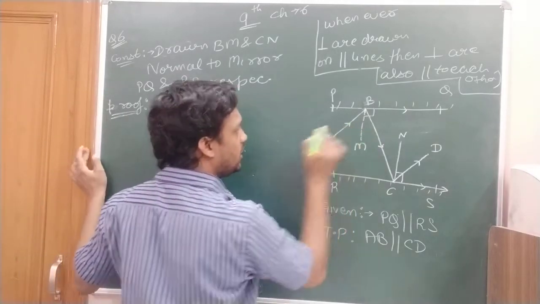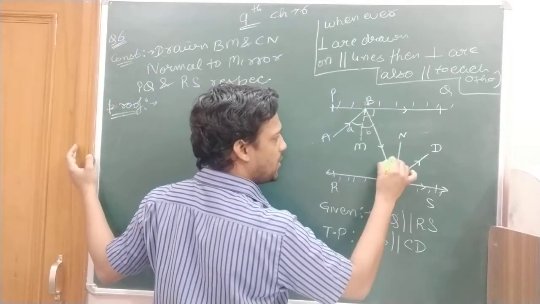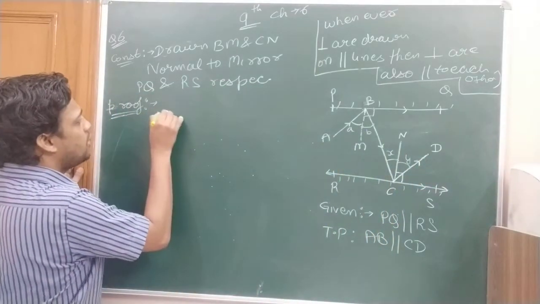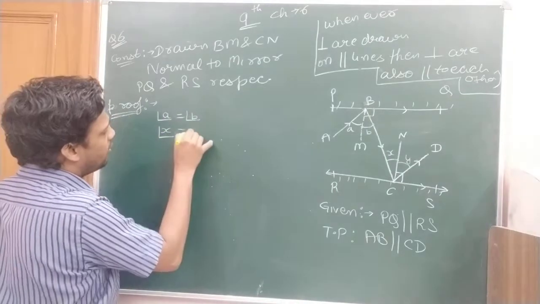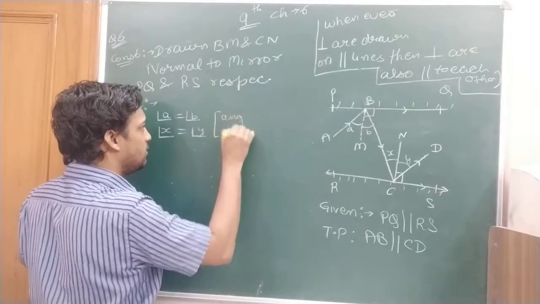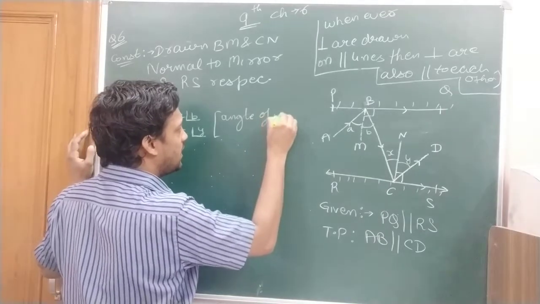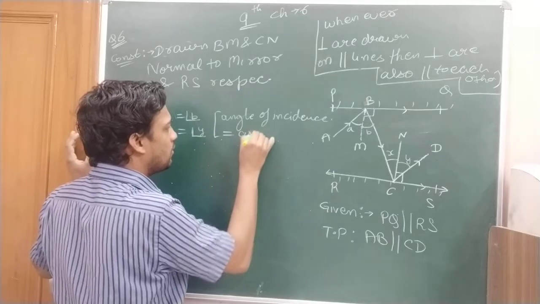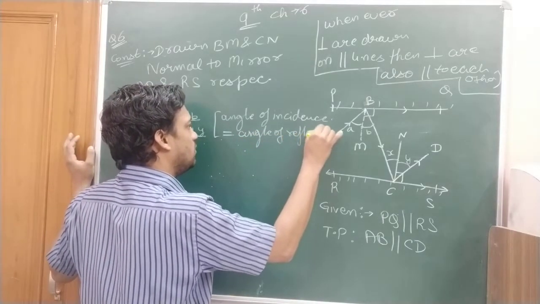Now student, first of all, let it be angle A, angle B, angle X, angle Y. First of all, angle A is equal to angle B and angle X is equal to angle Y. Reason: because the angle of incidence is equal to the angle of reflection.